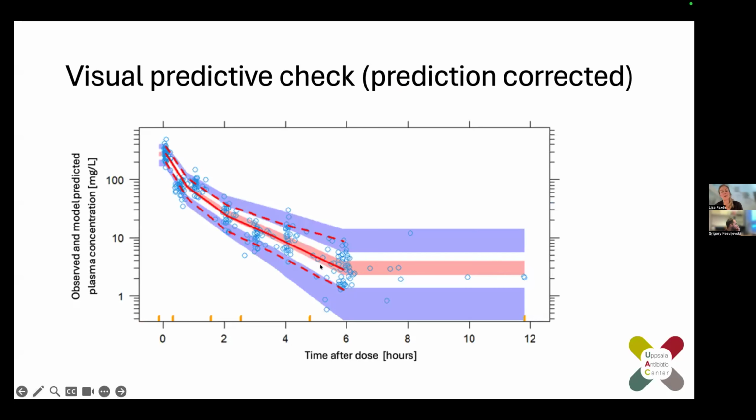So 90% of the observations lie within the dashed lines. The shaded areas are the 95% confidence interval of the model-predicted corresponding percentiles. So the goal is that the lines lie within the shaded areas. So this looks okay.